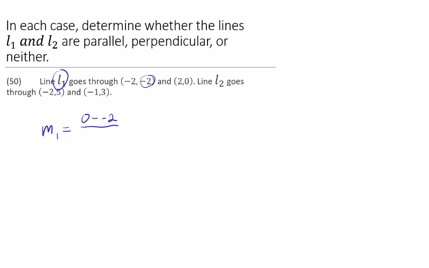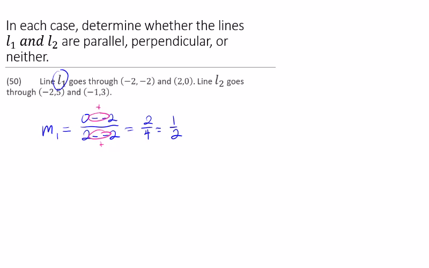So sometimes you have to minus a negative. Then on the bottom, it's x2 minus x1. X2 is 2 and x1 is negative 2. And so on top it's really 0 plus 2, on bottom it's 2 plus 2, so it ends up being 2 over 4, which reduces to 1/2. Okay, so that's our M1.